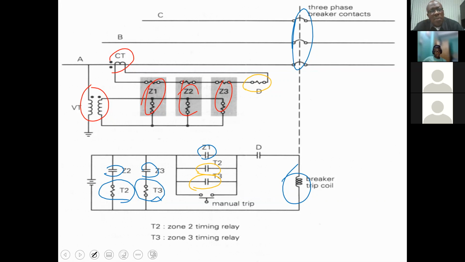Let's not go into details, but it's a fail-safe type of mechanism just to ensure the system is operating as it should. Again, we will go into details.